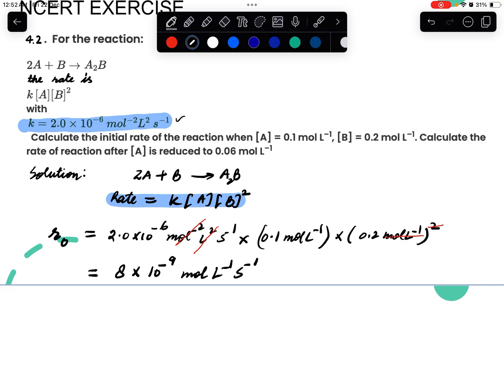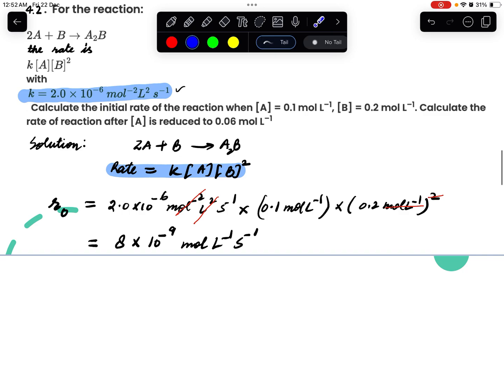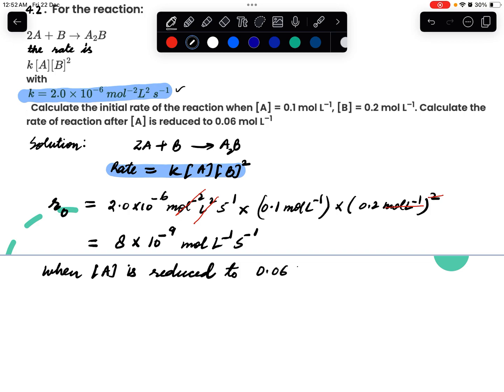Next they are asking us to calculate the rate of the reaction after A is reduced to 0.06 moles per liter. Now we will write down the condition here. When A is reduced to 0.06 moles per liter, we can calculate the amount of A reacted.